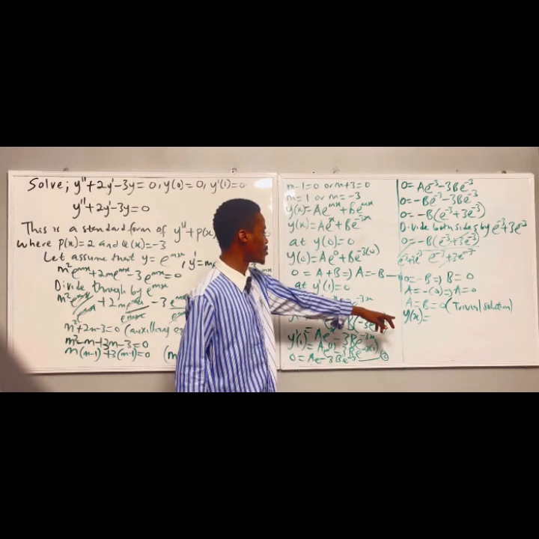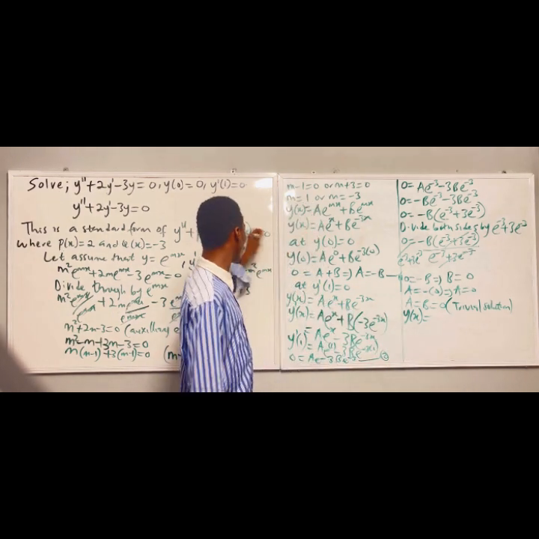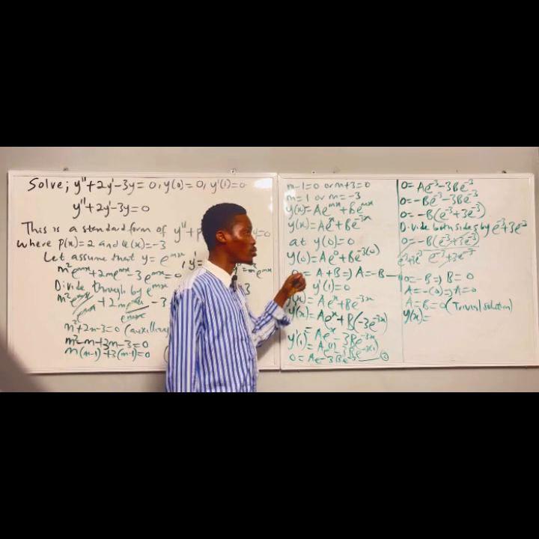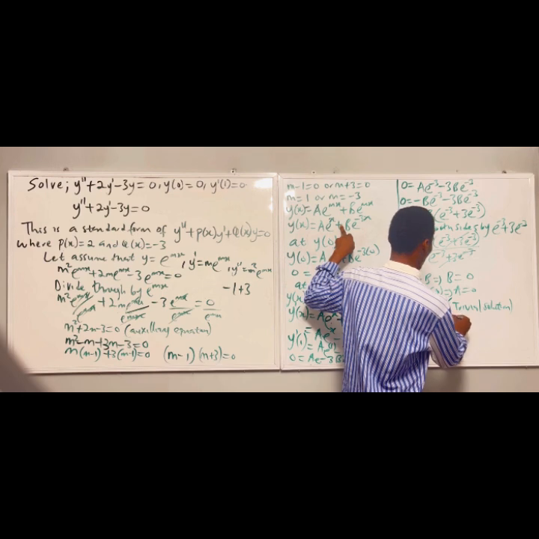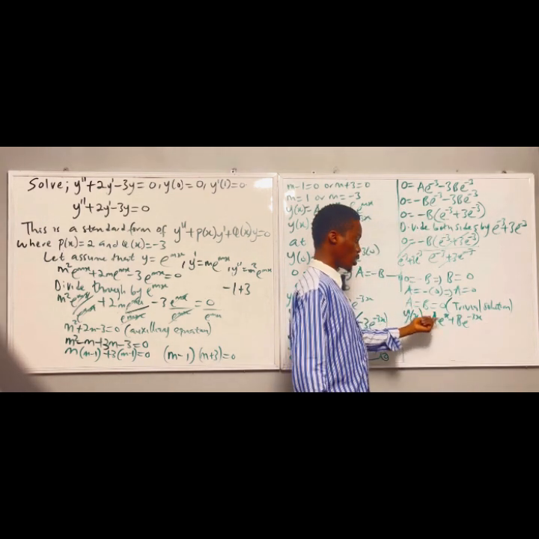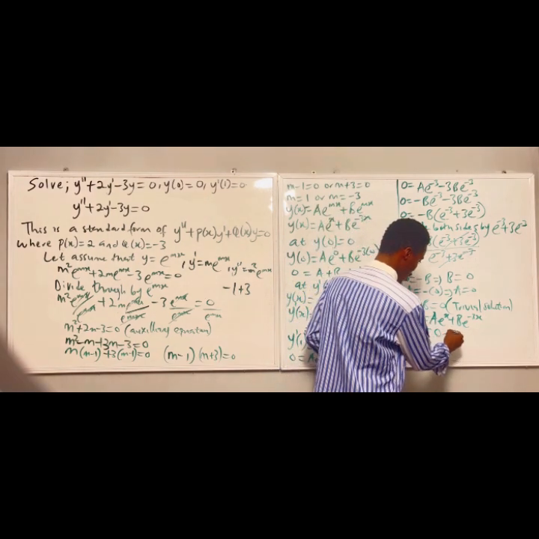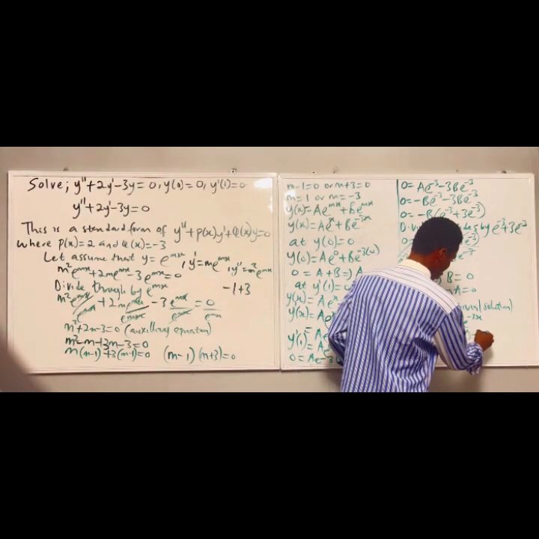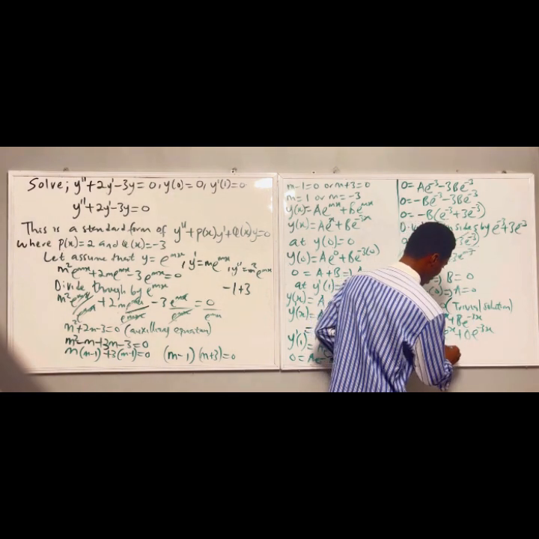So my general solution of y of x, that's my general solution for this second order homogeneous equation, is a exponential x plus b exponential minus 3x. My a is equal to 0, my b is equal to 0. Plug it in. So I'm going to have 0 exponential x plus 0 exponential minus 3x, which means my y of x is equal to 0.